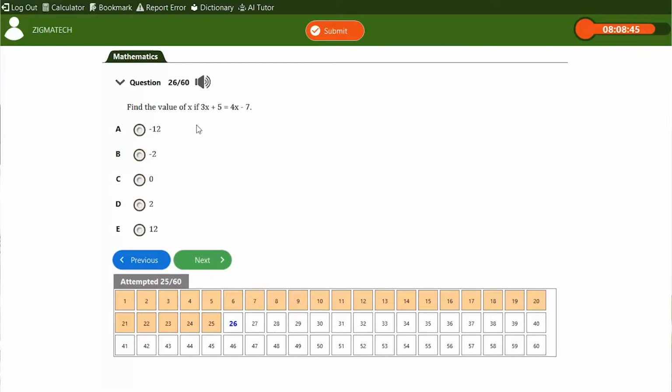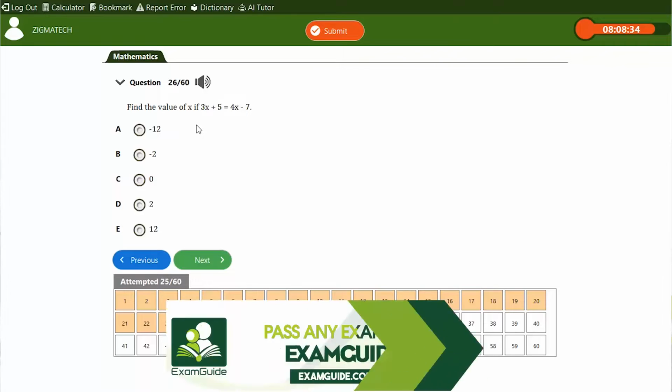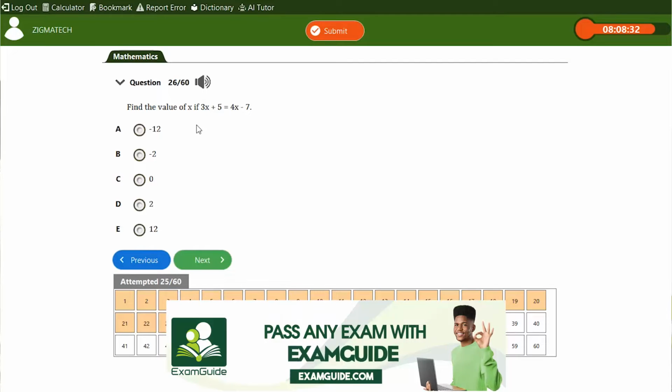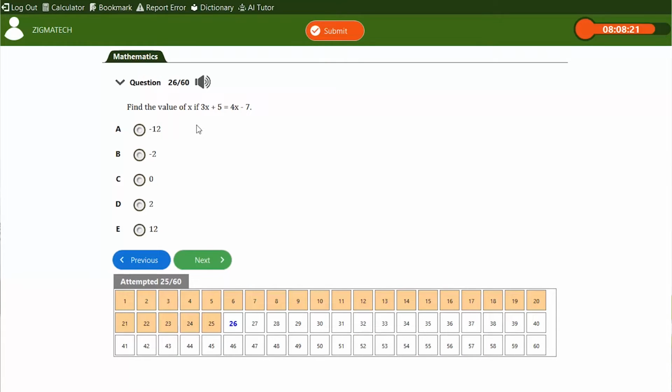So we have 3x. 4x coming this way will now be minus 4x, to be equal to minus 7. 5 comes here now and will become minus 5. You get that? So this is 3x minus 4x will be minus x, to be equal to minus 7 minus 5, which is minus 12.